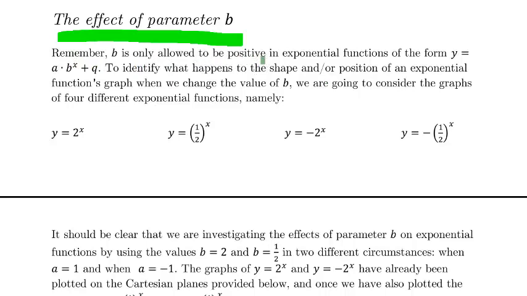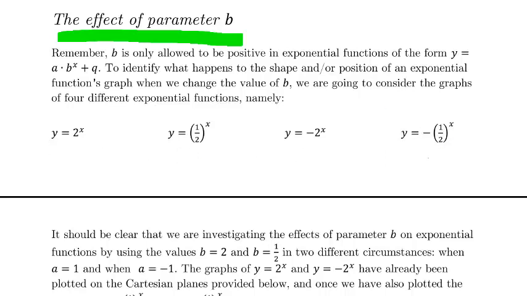To identify what happens to the shape and or position of an exponential function's graph when we change the value of b, we are going to consider the graphs of 4 different exponential functions, namely y is equal to 2 to the x, y is equal to a half to the x, y is equal to minus 2 to the x, and y is equal to minus a half to the x. Now for these graphs, what are we looking at?